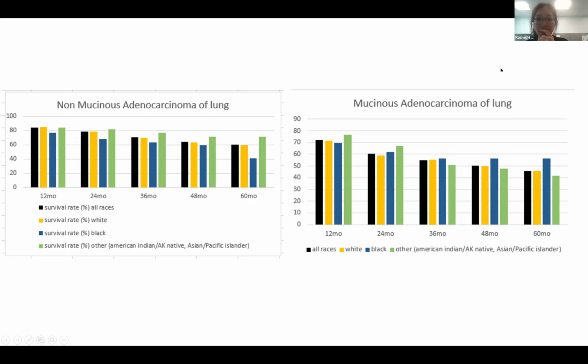And in the mucinous adenocarcinoma, I realized that the black patients show the better survival rate.